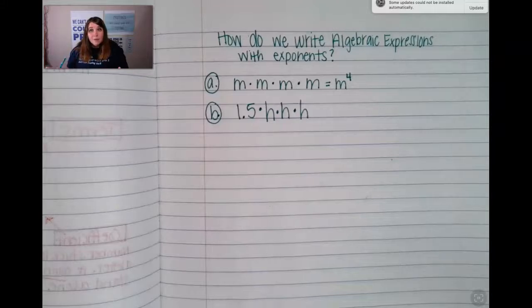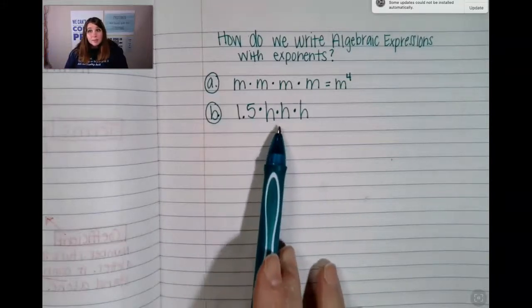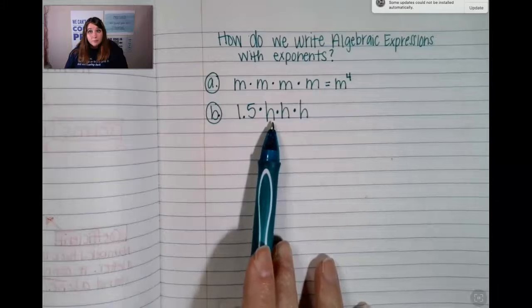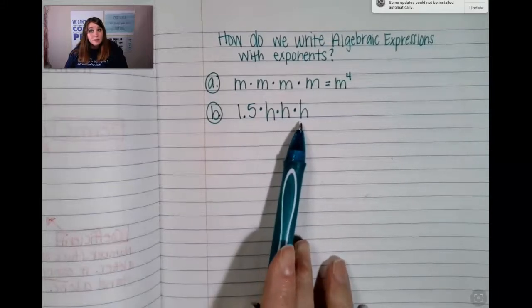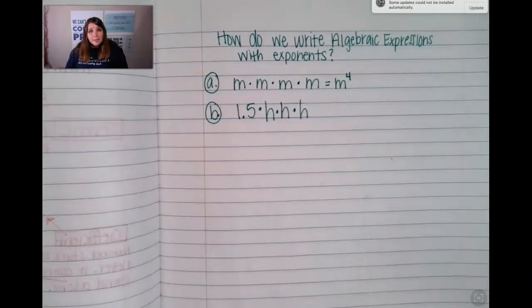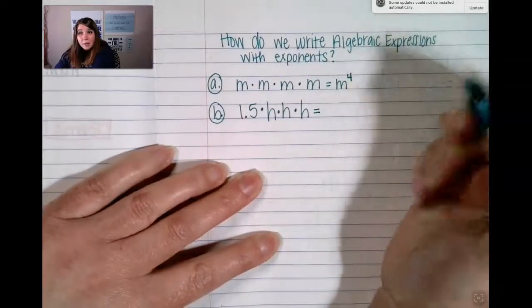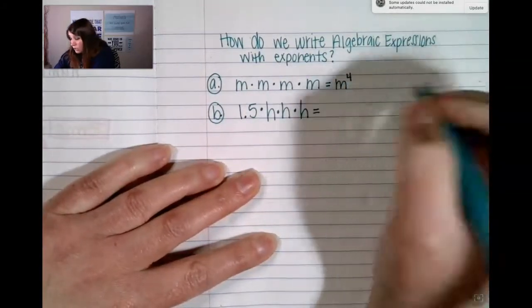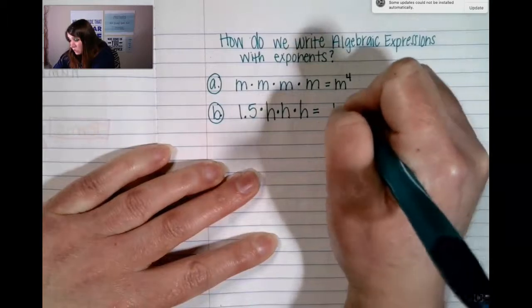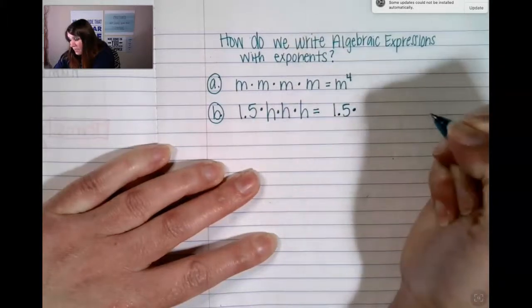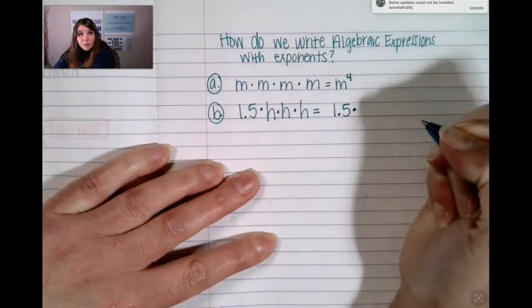You're totally fine, because pretend that this was a 3 times a 3 times a 3 times a 3. If I asked you to put this to an exponent in chapter 1, you would have told me this is just 1.5 times 3 to the power of 3.